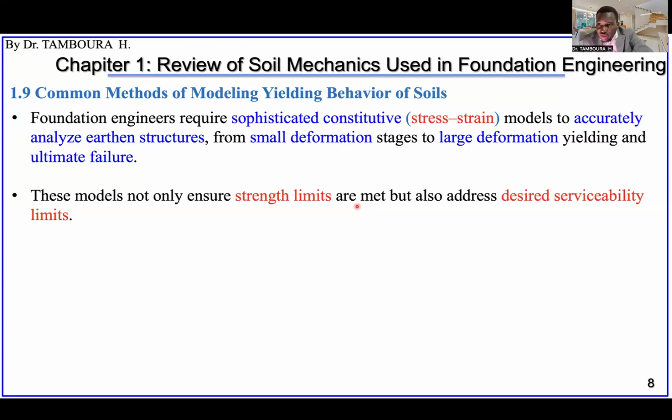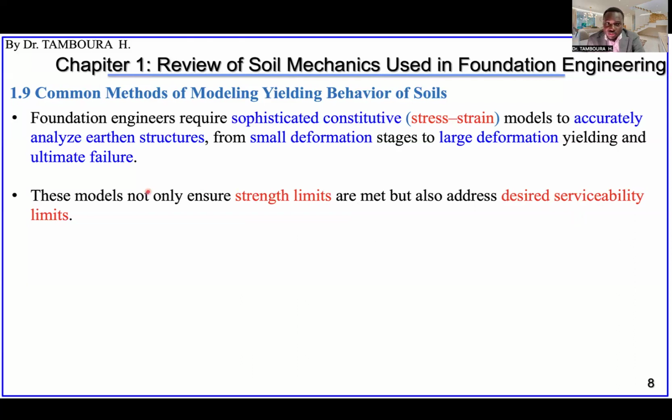You take the 30 centimeter, multiply by 10 and divide by 100, it will be 3, right? Even if the settlement at 3 is not actually failure, the service limit state is asking you to limit the settlement at this amount.